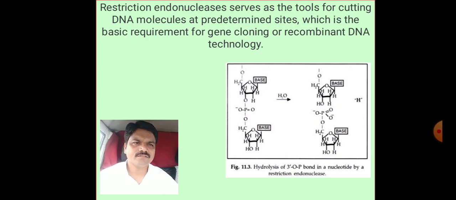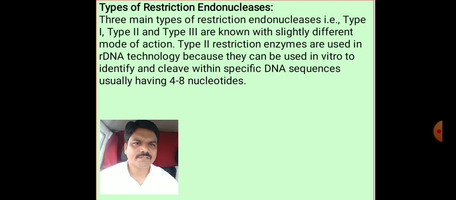Restriction endonucleases serve as the tool for cutting DNA molecules at predetermined sites, which is a basic requirement for gene cloning or recombinant DNA technology. Here, the diagram shows the hydrolysis of the 3' phosphate bond in a nucleotide by a restriction endonuclease.